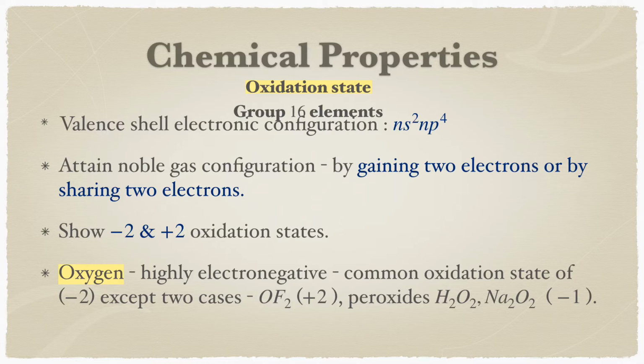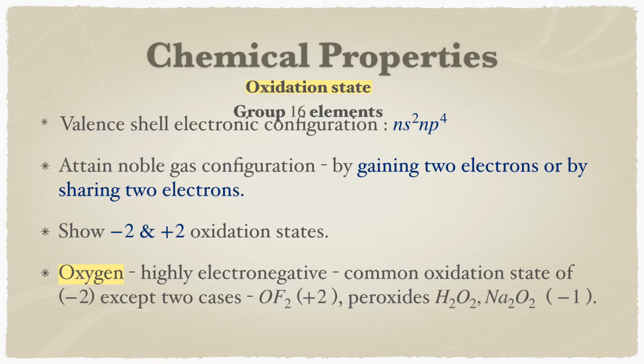Oxygen is highly electronegative. Electronegative means it has the capacity to take the electron, the shared pair of electrons, from others, and therefore the common oxidation state of oxygen is -2. Remember, if the common oxidation state of oxygen is asked, it will be -2.